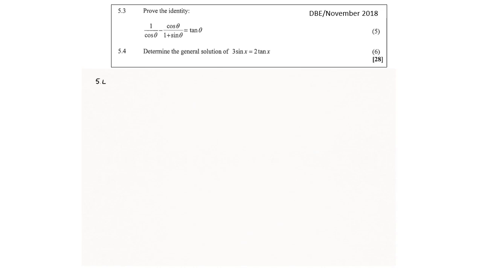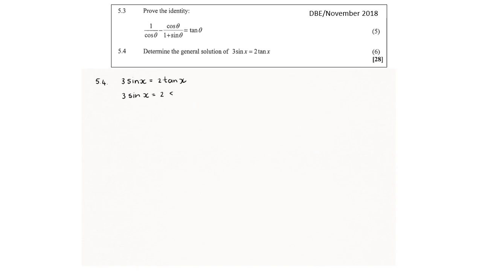In the next question, we have to determine the general solution of 3 sine x equals 2 tan x. The general solution for this equation means that we want to find all the points of intersection of the two graphs, 3 sine x and 2 tan x.